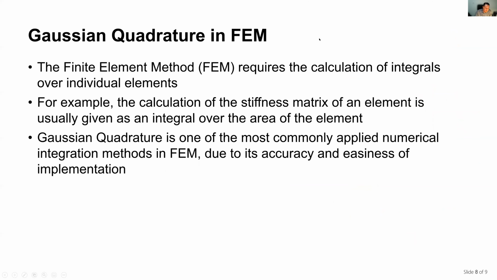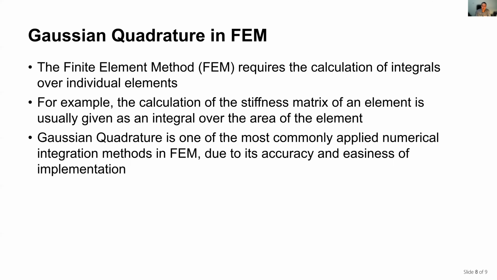So this finishes the presentation almost, but now I would like to point out why Gaussian quadrature is important, and one of its important applications is in finite element modeling. In finite element modeling and finite element analysis, many times we end up with integrals. For example, when we want to calculate the stiffness matrix of a specific element, then we end up with an integral, which also includes matrices.